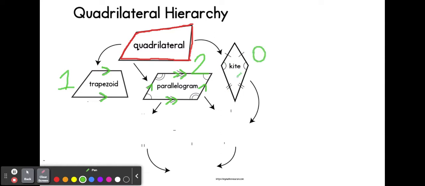None of them are parallel. So from there, we have these three classifications, but we want to know, can we even go further? Are there any more specific types of quadrilaterals or statements we can make relating to their sides or their angles? So we're going to level down.